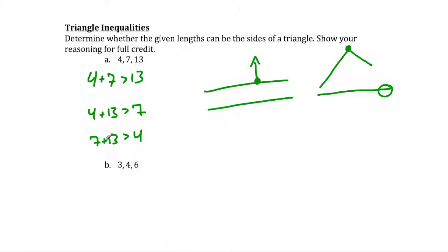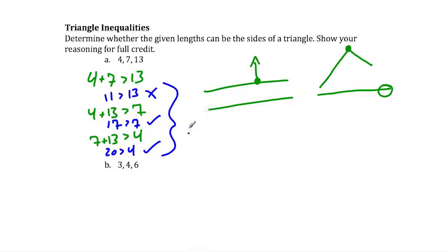So if I look at this, I get 20 is greater than 4, and that's perfect. I get 17 is greater than 7. Yep, that works. But here I get 11 greater than 13. No. So because only 2 out of the 3 of these inequalities work, the answer is no.